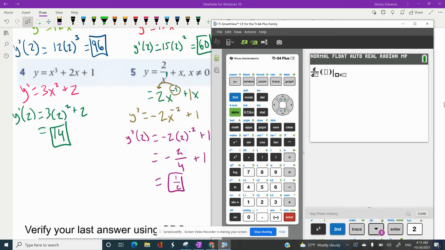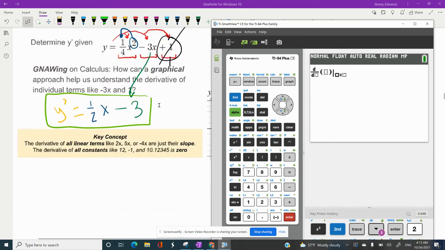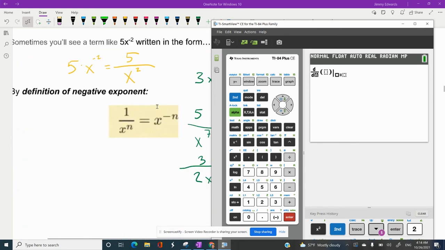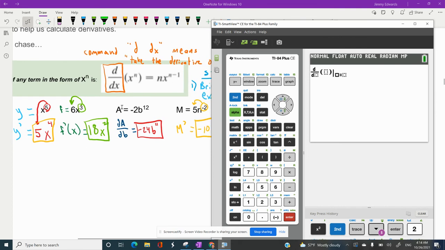And so remember what our notation is. We have this notation for the derivative d dx. So what you type in here is just x. Your calculator does this because technically there are other variables that you can use here, but the standard variable is just x. You won't type y or you won't type a. If you ever see a different letter, your calculator only knows x, so you'll only ever type x here.